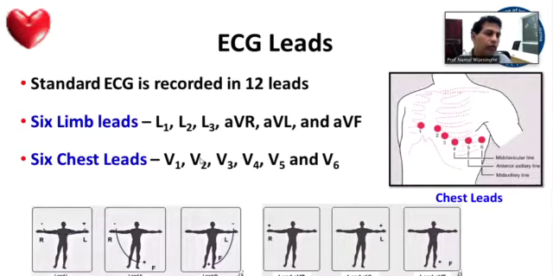Now, one requirement is that we as junior doctors, you all should know how to do an ECG. That is why in physiology and also during the professionals, we want you to do ECGs on your patients.